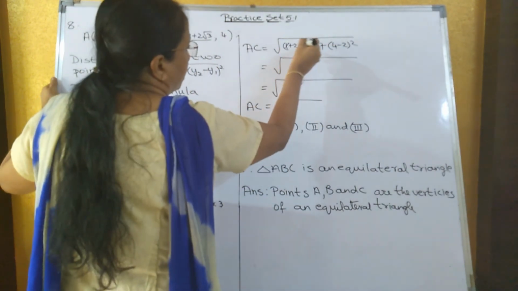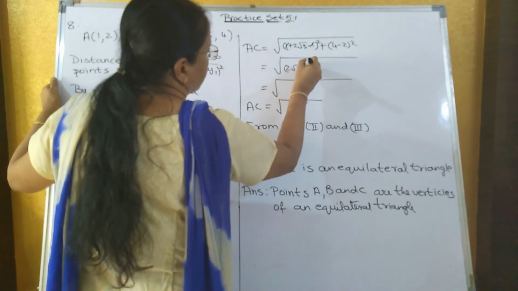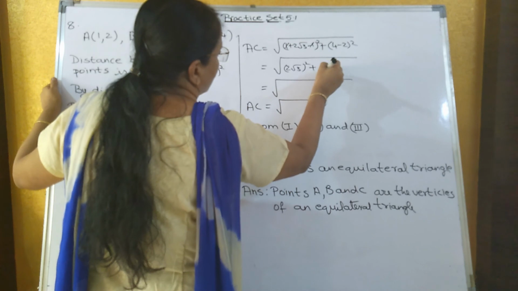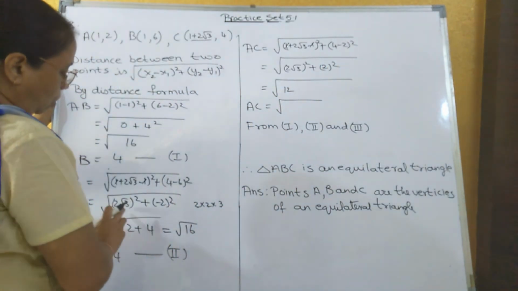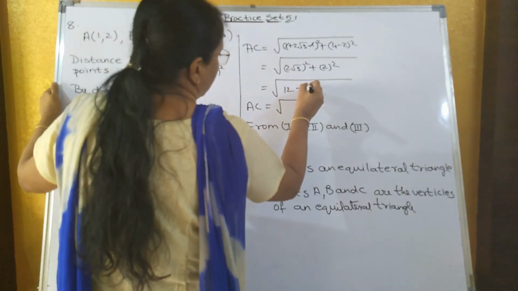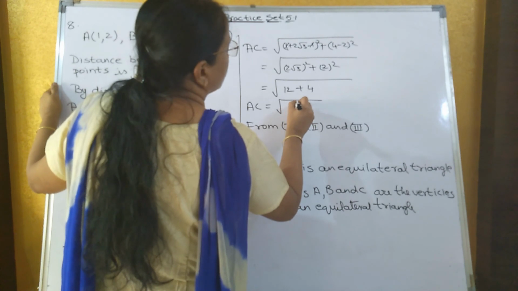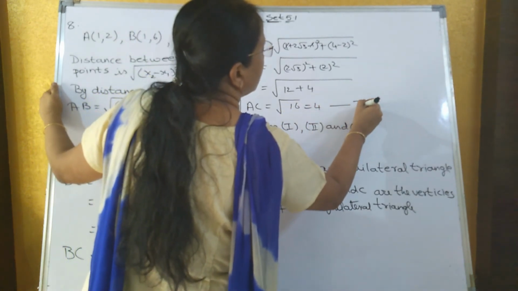Now this one and this one will get cancelled. So 2 root 3 the whole square plus 4 minus 2 is what? 2 the whole square. So just now I showed you 2 root 3 the whole square is how much? 12. So 12 plus 4, that's equal to root 16. Root 16 is equal to how much? 4. Let this be 3.